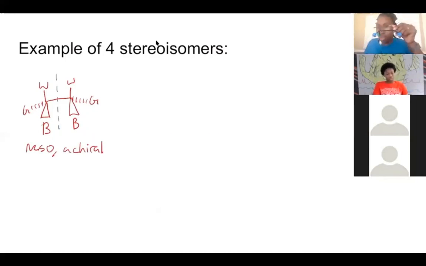Now I'm going to go ahead and draw the other 3 stereoisomers for the molecule. We can have one where we have the green for one side facing up. We can have the blue in the back, the white one coming forward. And then we can have the blue one facing in front.